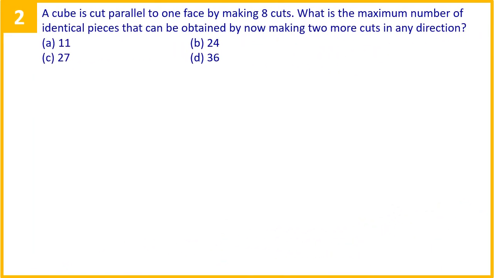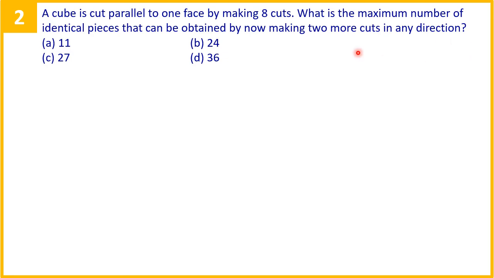Problem number 2. A cube is cut parallel to one face by making 8 cuts. What is the maximum number of identical pieces that can be obtained by now making 2 more cuts in any direction? Let us assume that Cx is given as 8. Now you have 2 more cuts to do.